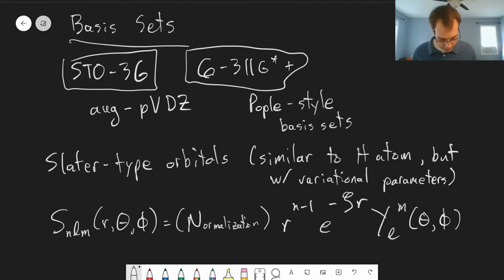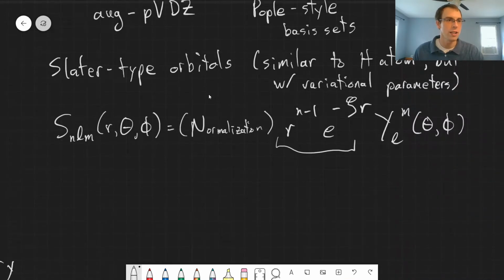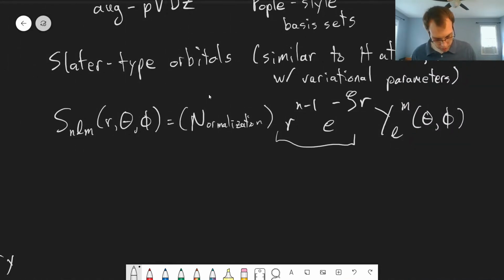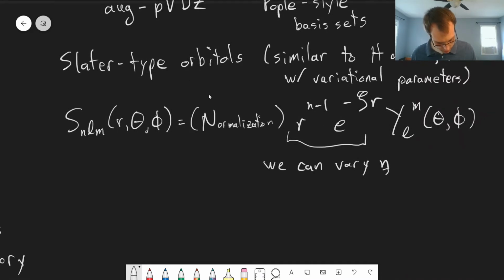So in particular, it's this radial part of the wave function that's a little bit different. And the variational parameters that we have present here, right, are we can vary n, and we can vary zeta, right? That's what this letter is.